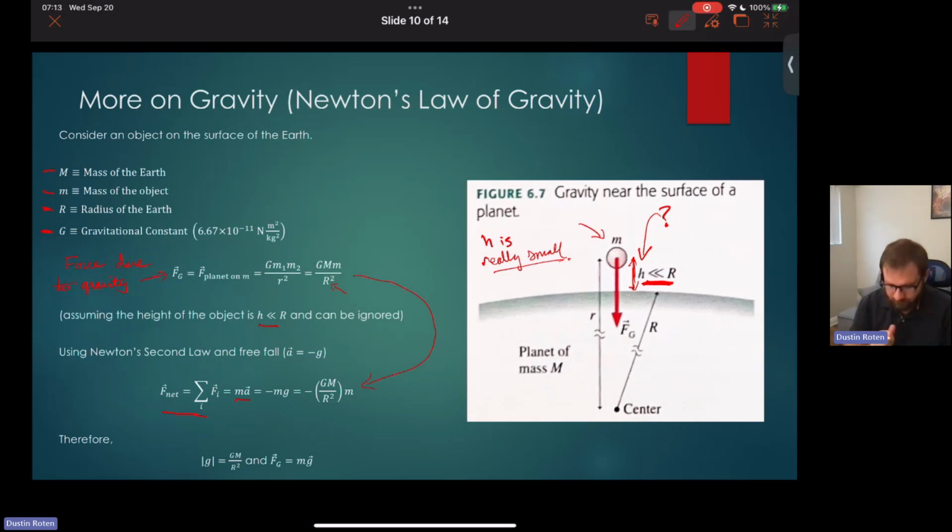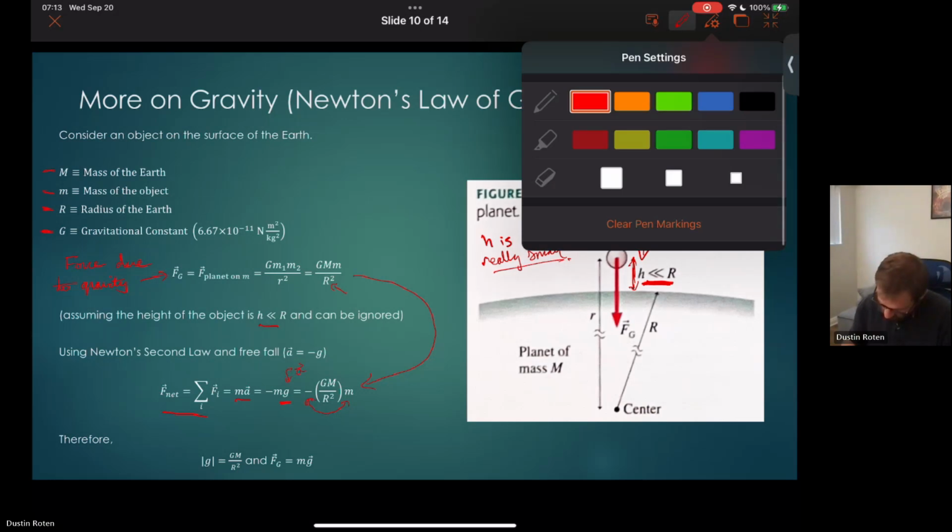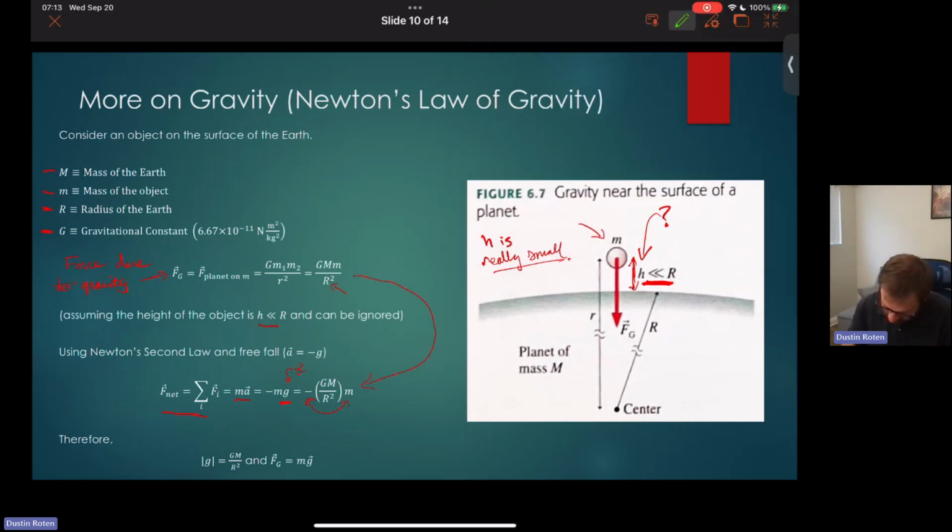Now look at what happens. Essentially, we know that this thing is going to fall at negative g. So here's our acceleration, and we know it's going to be negative mass times g. Well, over here, the equation I just brought down is also negative mass times all this stuff. So to make these two things equal, g has to equal all this stuff inside.